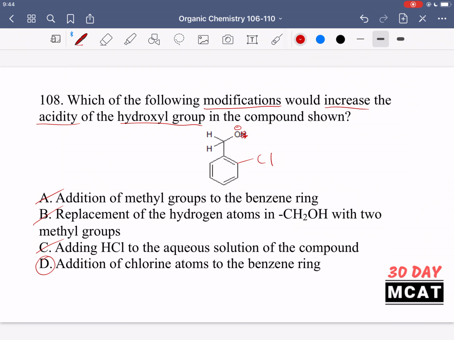Right now, think about the chloride as it's helping in the conjugate base system, and what it can do, because of its high electronegativity, is pull that electron density towards itself, so it has somewhere to go in the molecule. Instead of just staying by that oxygen, it has somewhere else to go. Because of that, the conjugate base is more stable, and this increases the acidity of the hydroxyl group. So this is the correct answer.